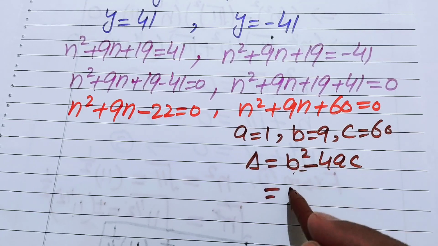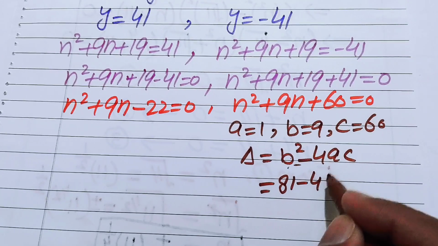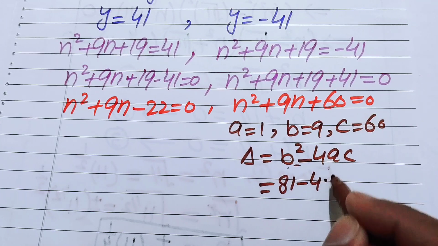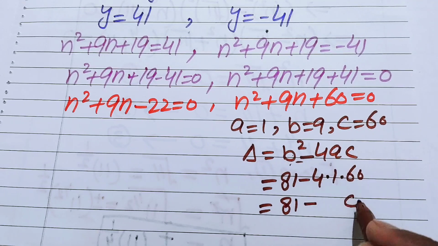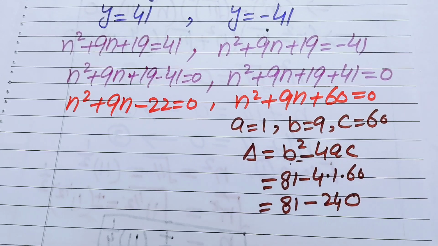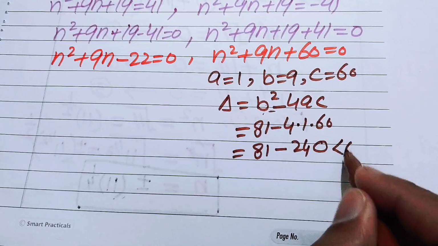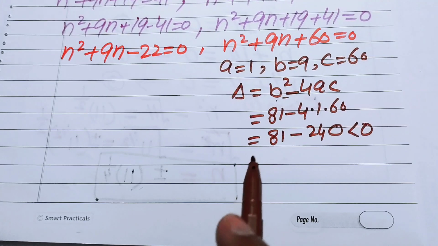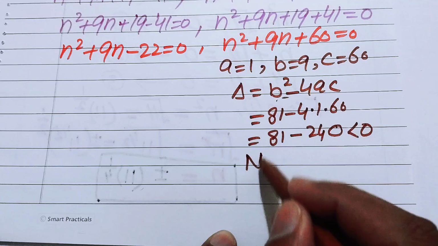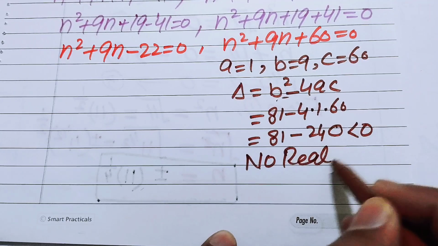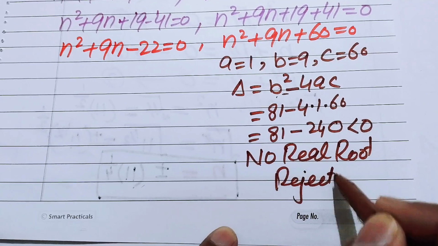The value of b is 9, and 9 squared is 81, minus 4 times a, which is 1, and c, which is 60. So you have 81 minus 240. You clearly see that it will be less than 0. If our delta is less than 0, it means that it has no real root, so we will reject this case.